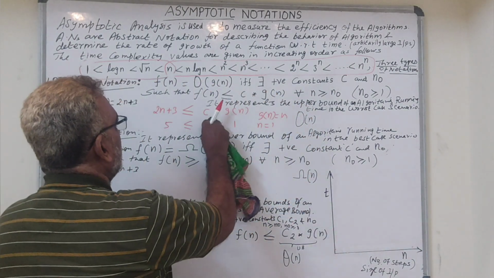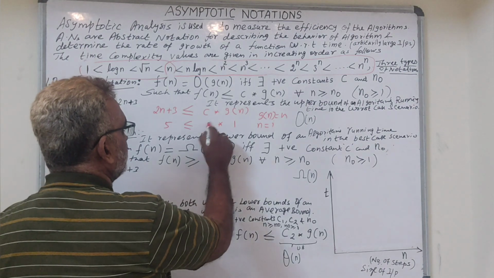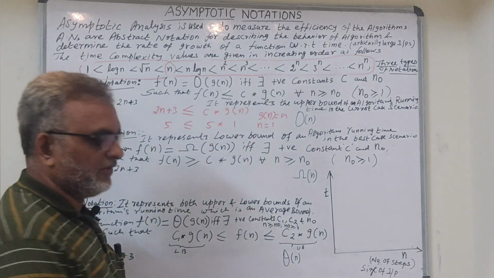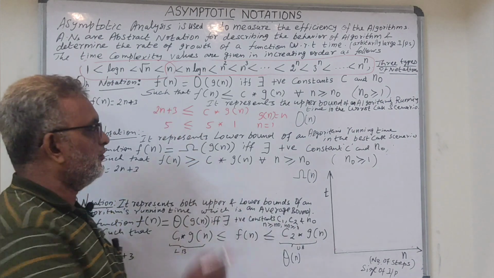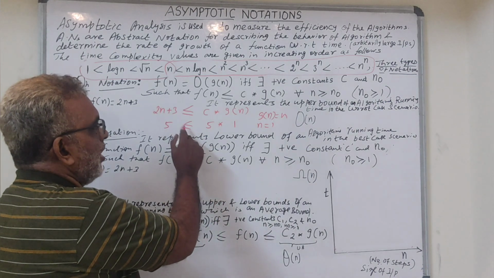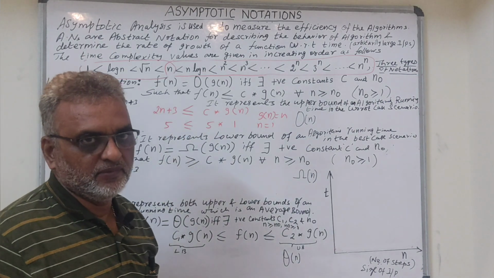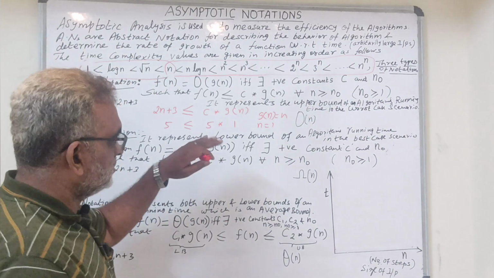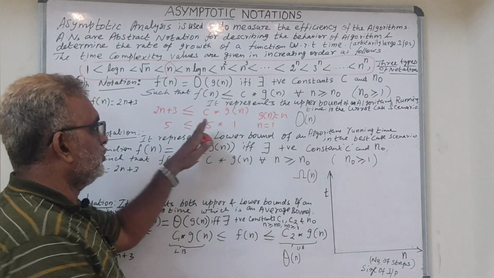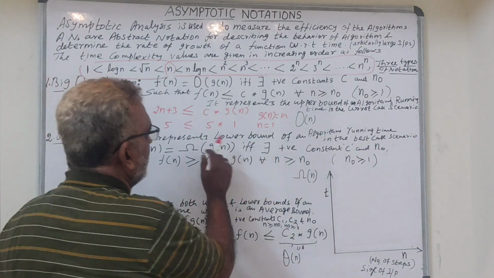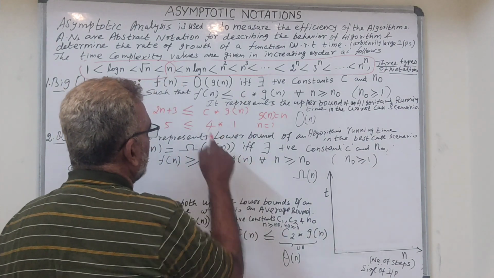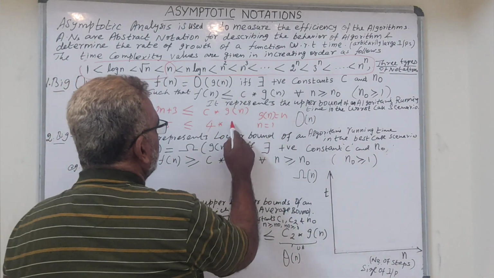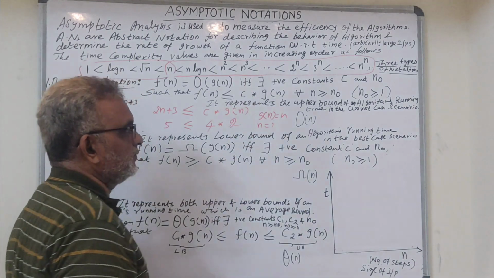If I keep the value of this constant c as 5, then the condition is true, 5 is less than or equal to 5. So that is the minimum value. Otherwise, you can get the minimum value for c and you can increase n. For example, if I reduce the value of c, I have to increase the value of n.